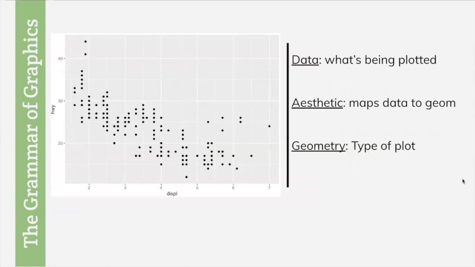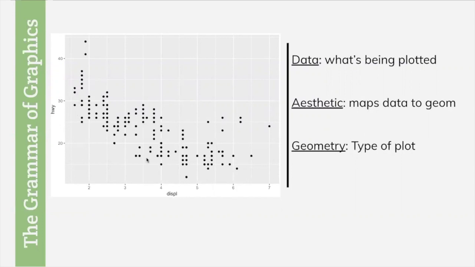So for example, if we were to take this simple plot, this is not a great plot, but it is a plot nonetheless. On the x-axis, we have something that's DISPL. On the y-axis, something that's HWY. And we can see that the data are what we started with here. The aesthetic maps the data to the geometry. It takes whatever the value is for each data point and puts it on the plot. And then the geometry is the type of plot.